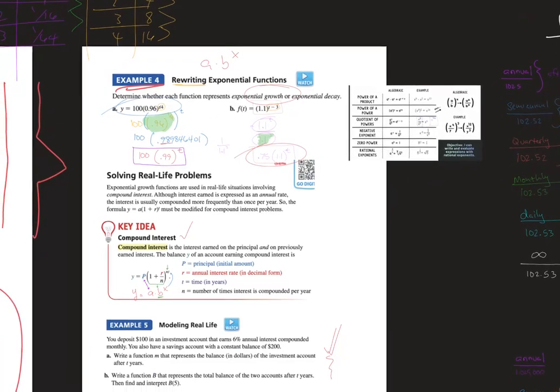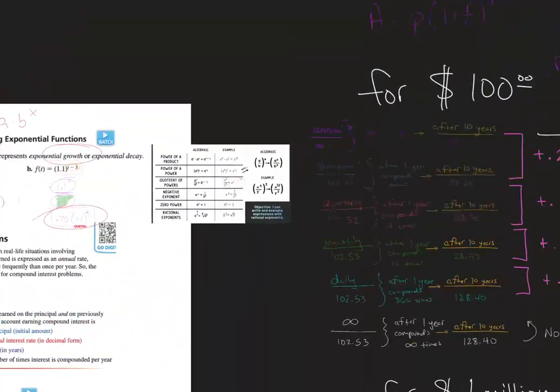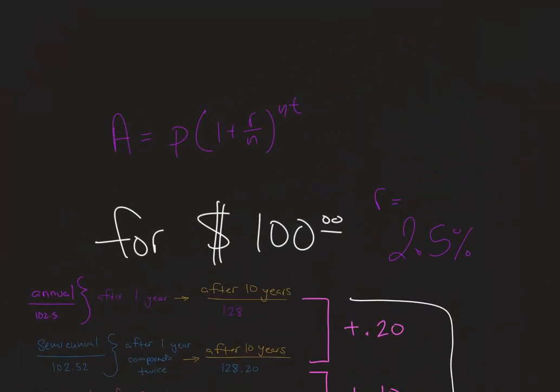That is literally this formula right here, right? So let's go ahead and put in $100. So there's 100, parentheses, 1 plus, so our rate was 0.025, that's 2.5%, over N, and then N times T right there.